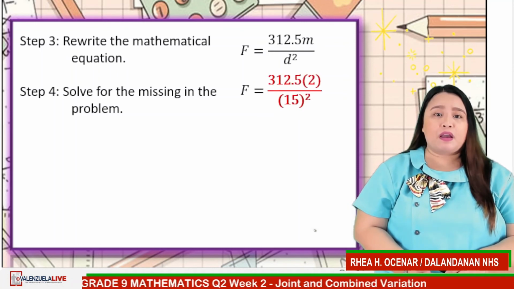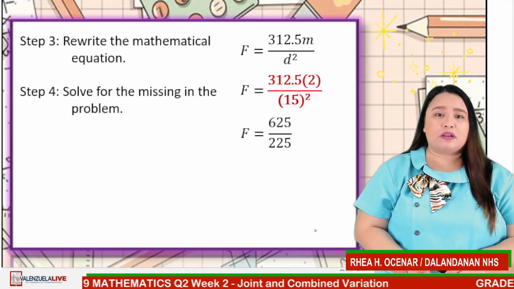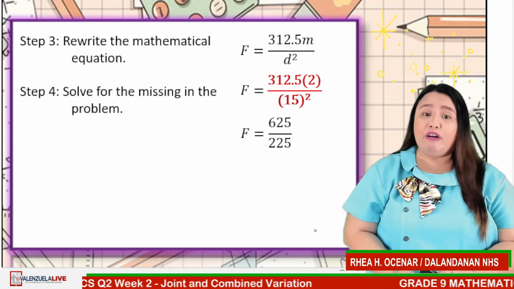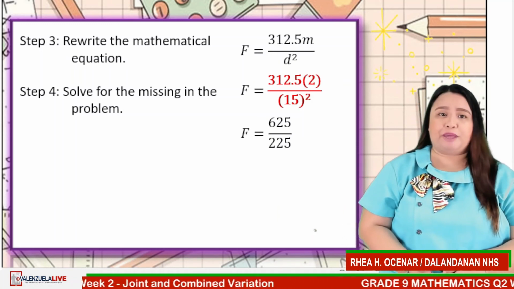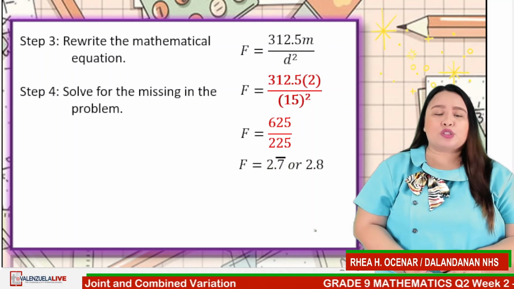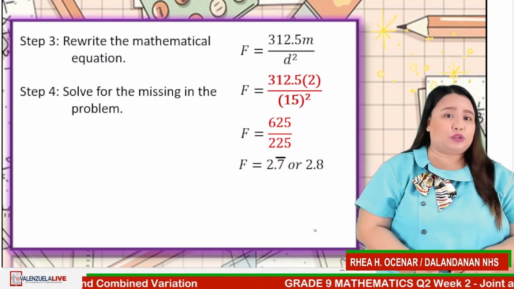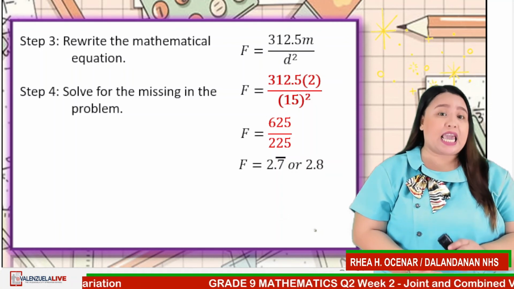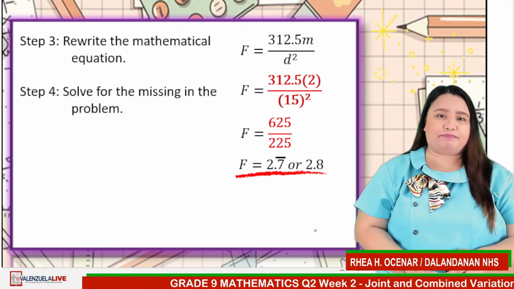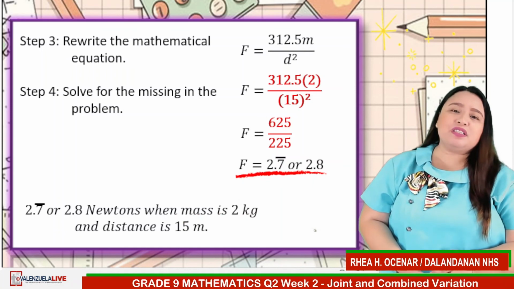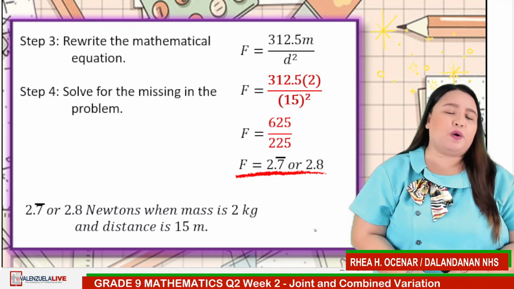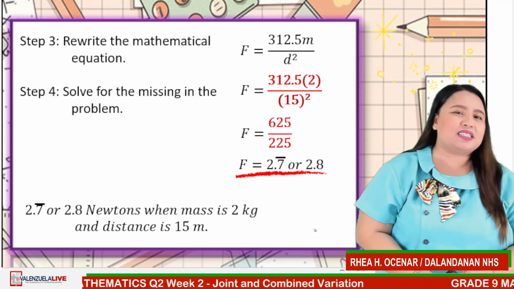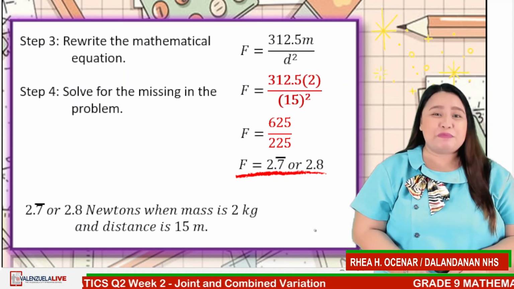Simplifying, we have F is equal to 625 over 225. So, F is equal to 2.7 repeating or 2.8. Thus, force is 2.7 repeating or 2.8 when mass is 2 kilograms and distance is 15 meters.